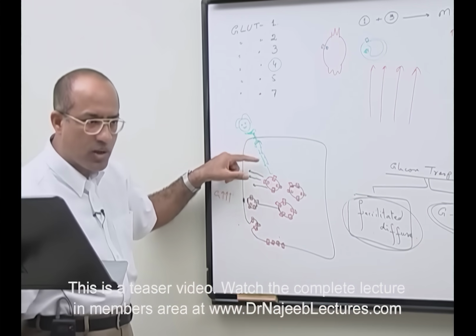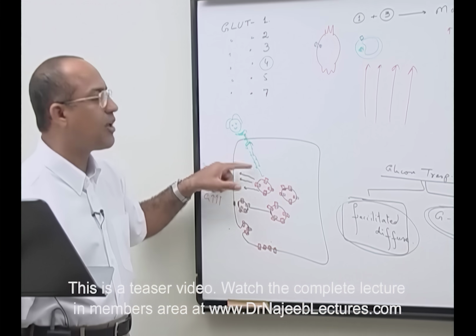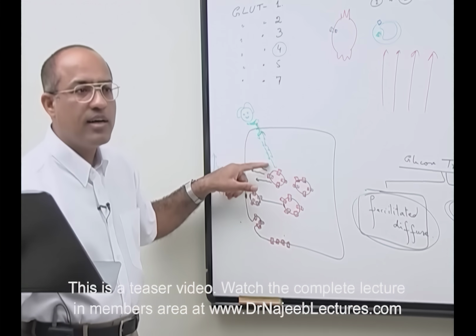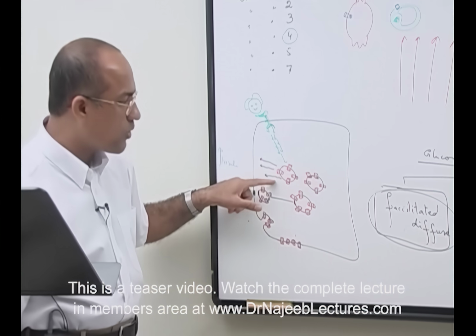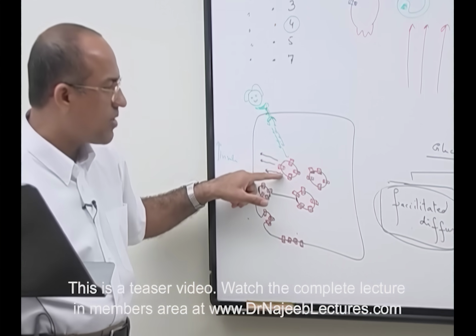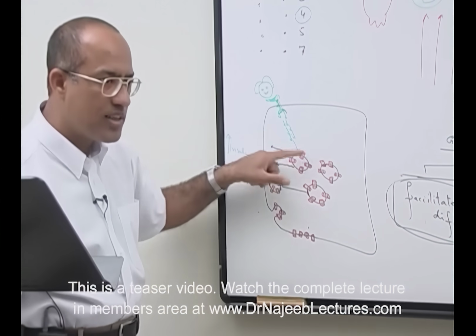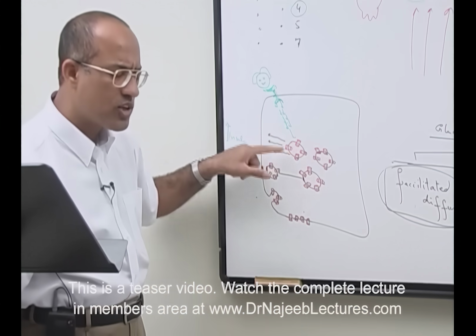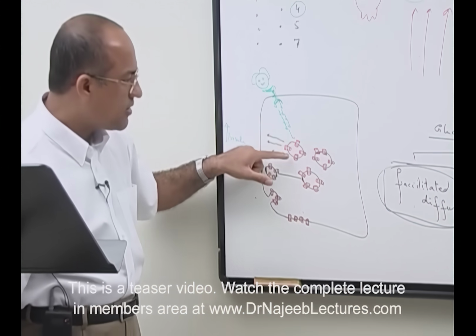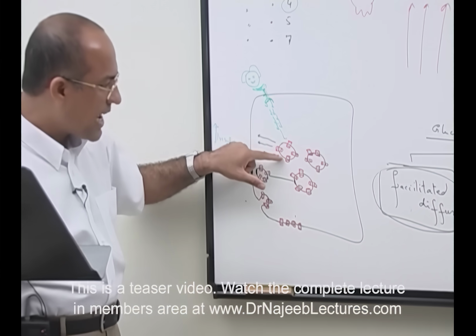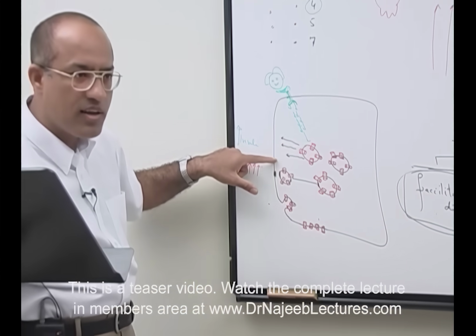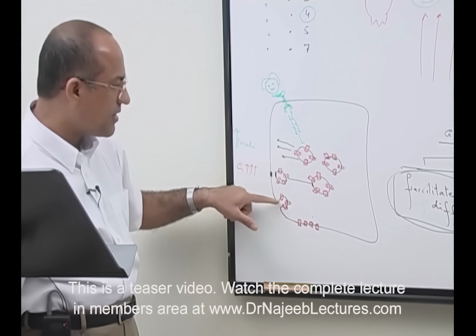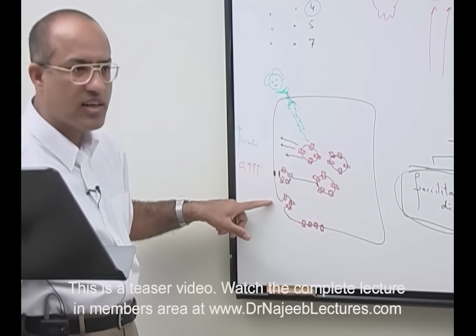Some of the intracellular signals will activate certain proteins, and those proteins will pull the vesicles loaded with glucose transporter 4 and drag these vesicles towards the cell membrane, and eventually the vesicular membrane and cell membrane fuse with each other.